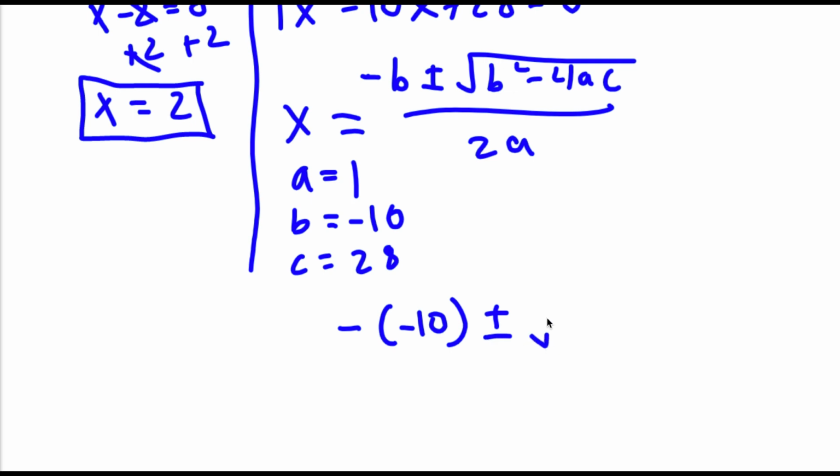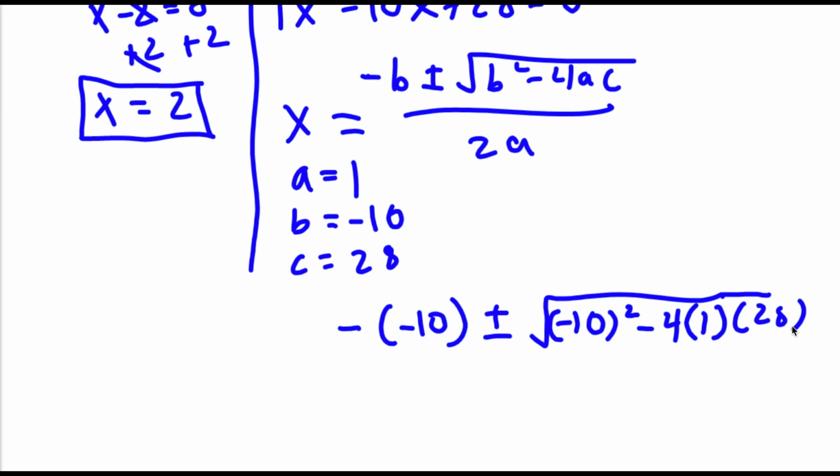Now plus or minus the square root of b squared, so b again is negative 10, so I'd have negative 10 squared minus 4 times a, which is 1, times c, which is 28. Now we have all of this over 2 times a, which is 1.